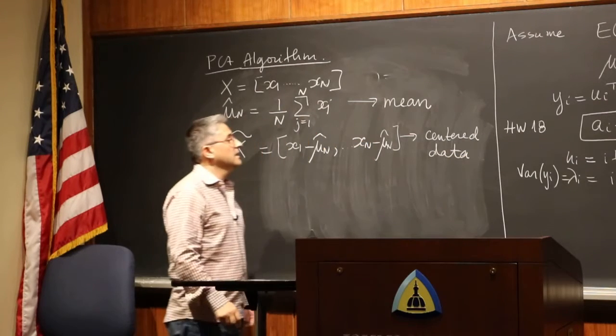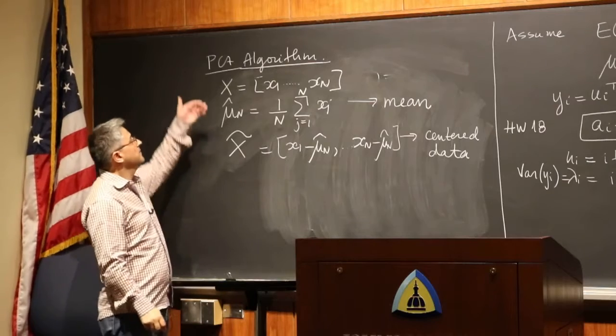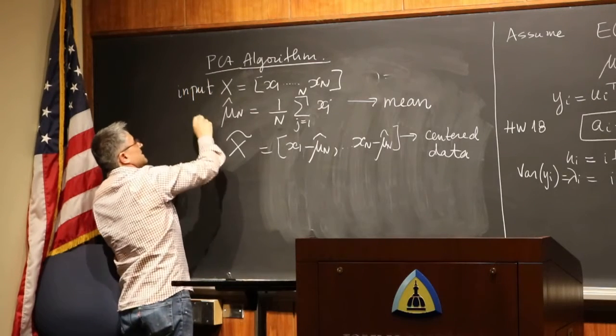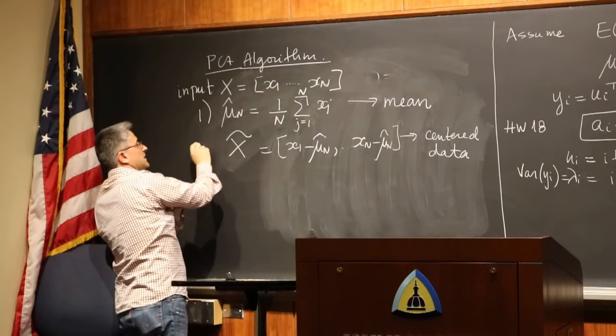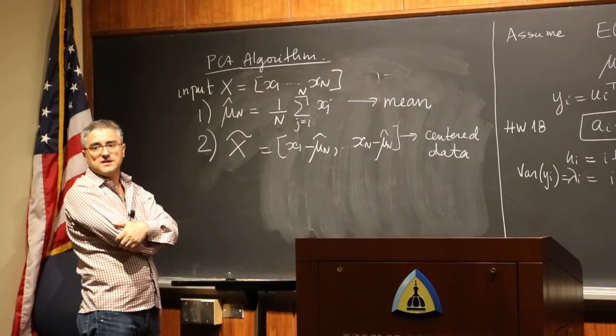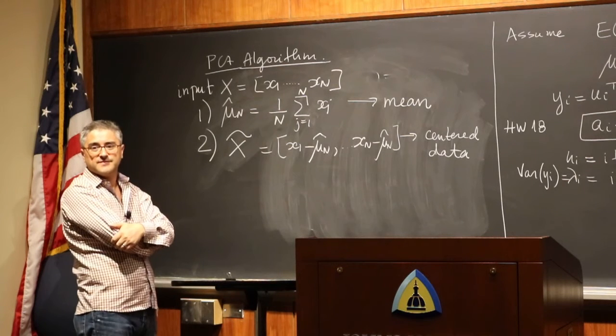So I repeat my steps. This is the input to the algorithm. The first step is to compute the mean. The second step is to center the data by subtracting the mean from every data point.